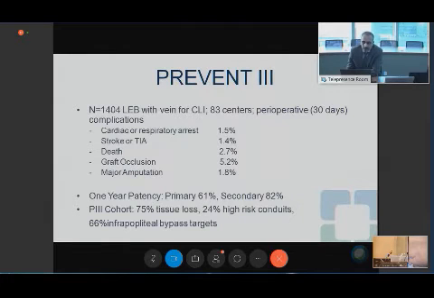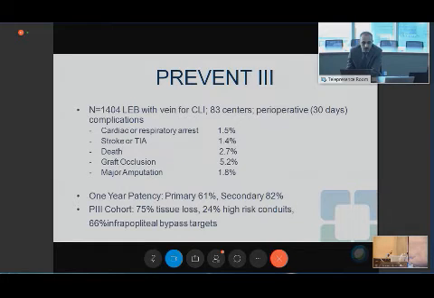This was well documented in the PREVENT-3 study, where they studied 1,400 patients and showed that lower extremity bypass can be done with very low risk, including stroke, cardiac and respiratory arrest, less than 2%, and the amputation rate was very low at 1.8%.